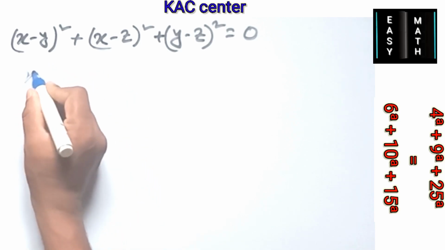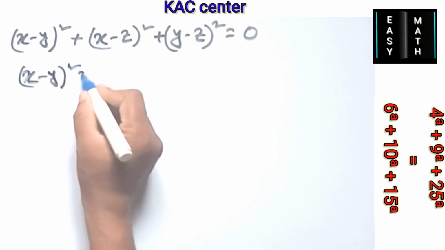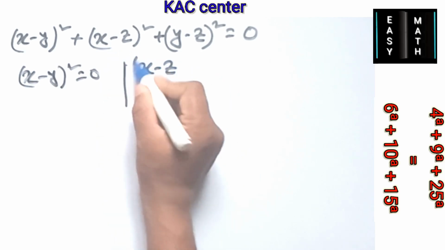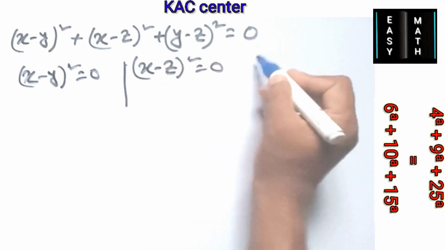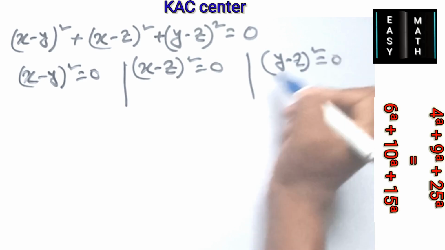So (x minus y) squared equals 0, (x minus z) squared equals 0, and (y minus z) squared equals 0.